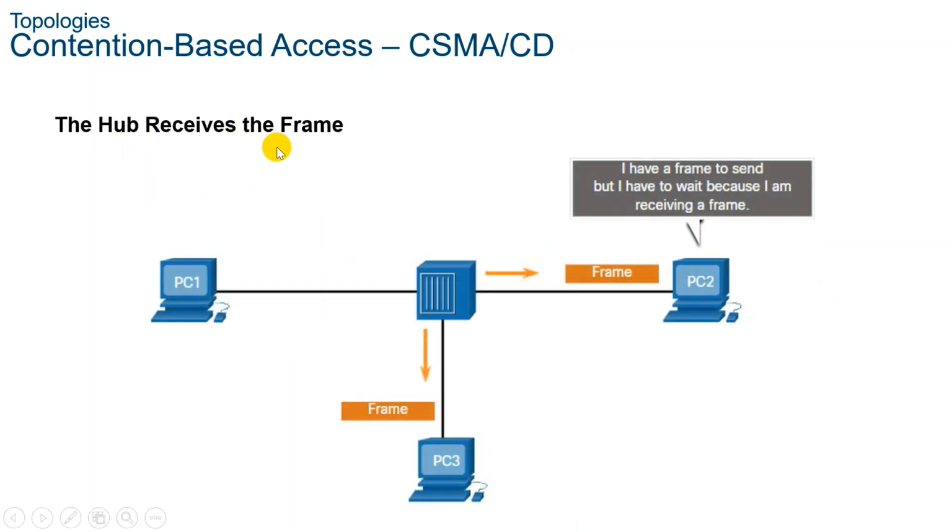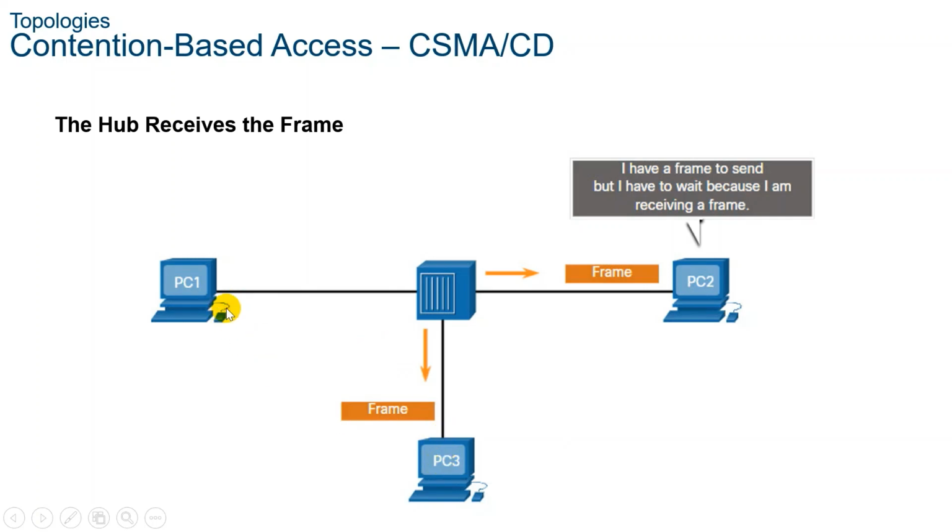Next, the hub receives the frame. The Ethernet hub receives and sends the frame. An Ethernet hub is also known as a multi-port repeater. So any bits received on the incoming port here would be regenerated and sent out on all the ports as shown in the figure. Take note that the data is for PC3.